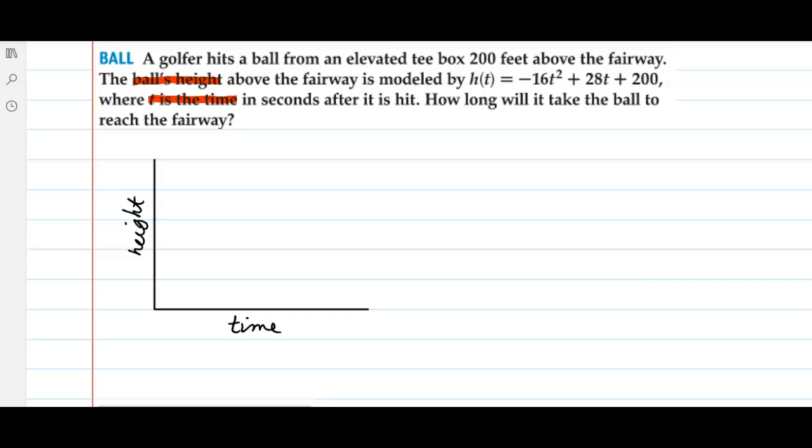Notice, I'm just drawing a sketch of this, that the ball starts, when time is 0 right here, it starts 200 feet up in the air. The person's standing like on a platform. And they hit the ball and it goes up into the air, and over time, the ball eventually starts to come down and hit the ground.